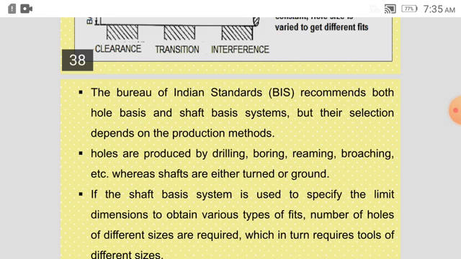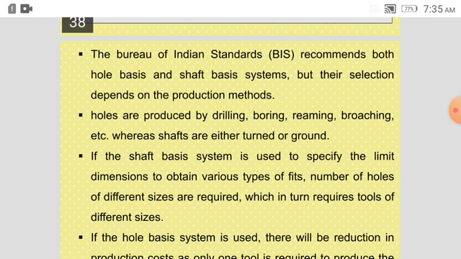And we may drill a hole, but if you want a drill bit of 50.8 or 50.6, 50.5, it is not possible. So for a hole, we cannot say that we can control the dimensions perfectly with such operations. But for a shaft, we use the turning operation, where we can control the dimensions very easily, and hence the shaft basis system is recommended.